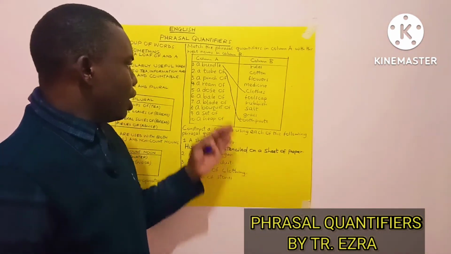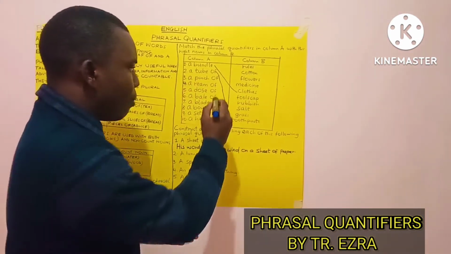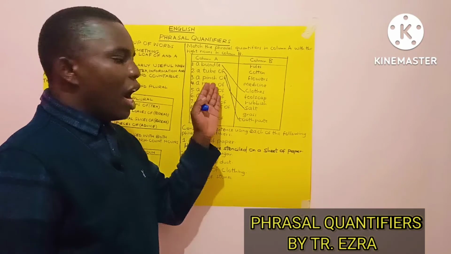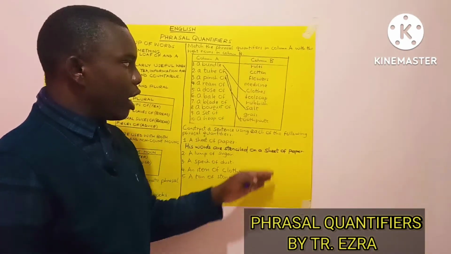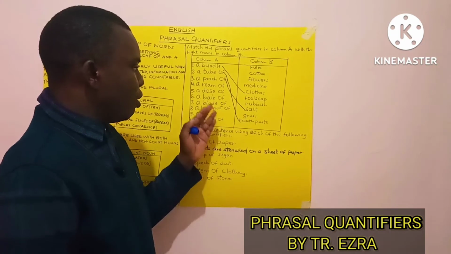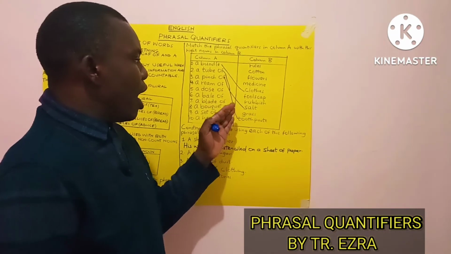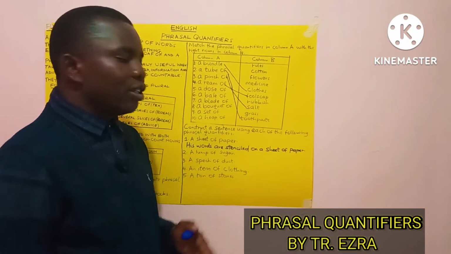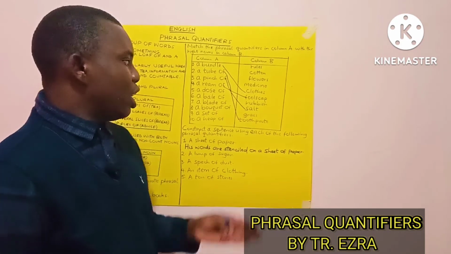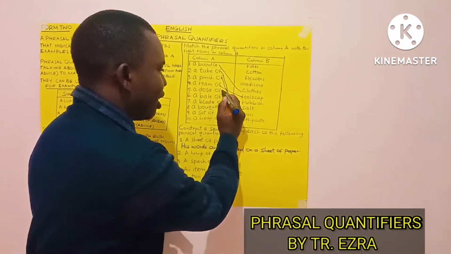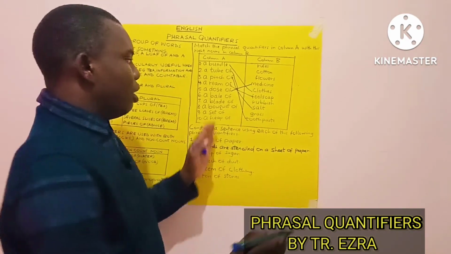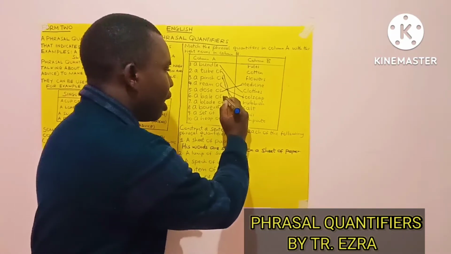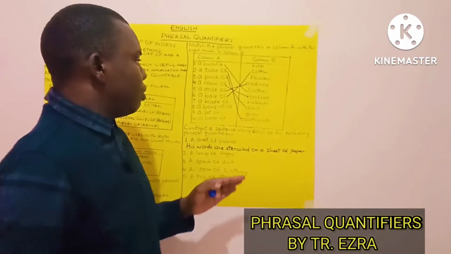Then number 3, we have a pinch of. On this column, we will have a pinch of salt. A rim of. Looking at the nouns in column B, we will say a rim of foolscaps. Then we have what many of us are familiar with, a dose of medicine. Number 6, we have a bale of cotton.